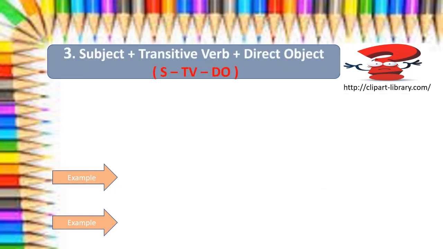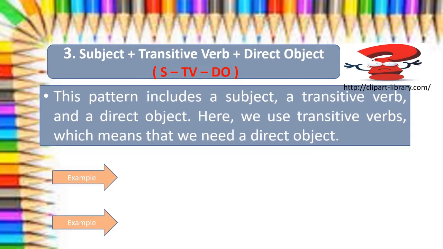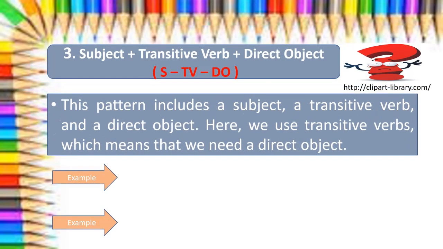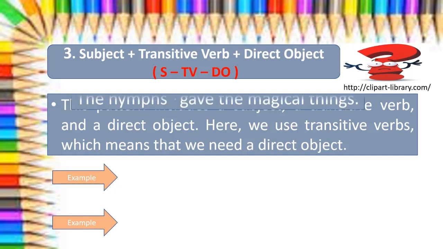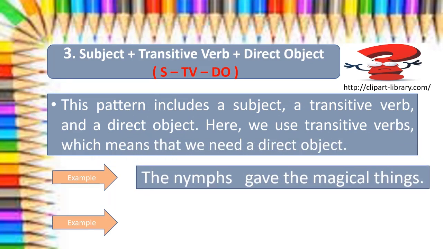The third pattern is the STVDO, subject plus transitive verb plus direct object. This pattern includes a subject, a transitive verb, and a direct object. Here we use transitive verbs, which means that we need a direct object. For example, the nymphs gave the magical things.